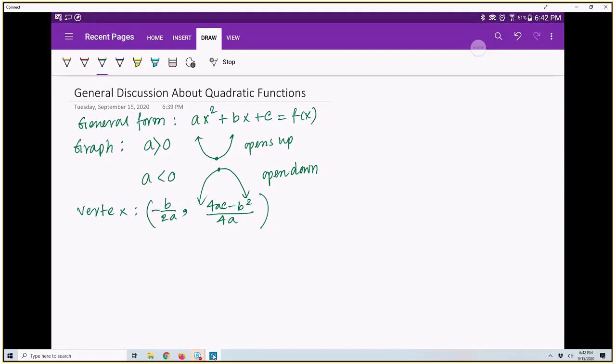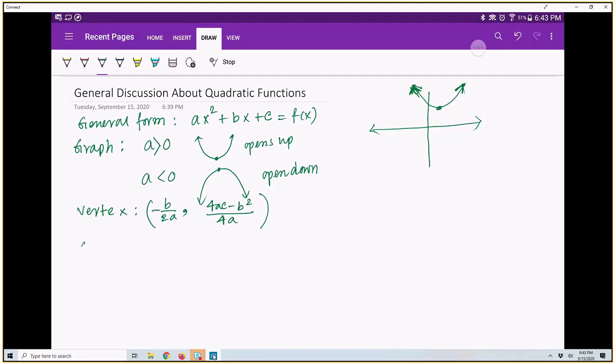So again, as I have said, depending on whether your parabola is opening up or opening down, the range of the function changes. So think about a parabola that looks like this. Then the range, which are all the output values, is going to start at this minimum point and go towards infinity.